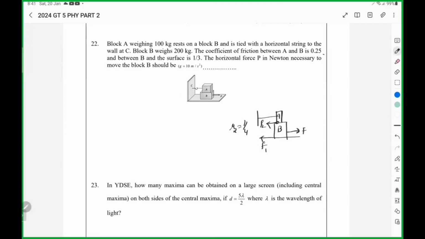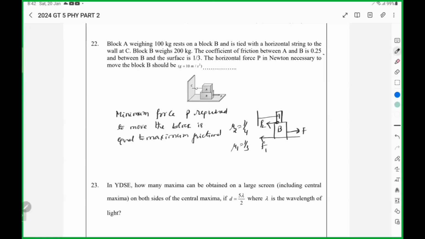So friction between B and surface... here the horizontal force necessary to move the block B means minimum force P required to move the block is equal to maximum frictional force.